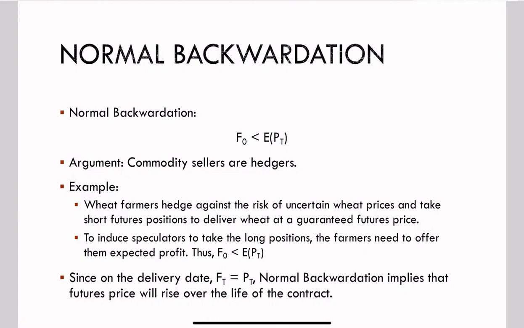What's the assumption under this result? Well, the assumption is that commodity sellers are hedgers, or you could say there are more hedgers among sellers than buyers. Let me explain why under this assumption we will observe normal backwardation.